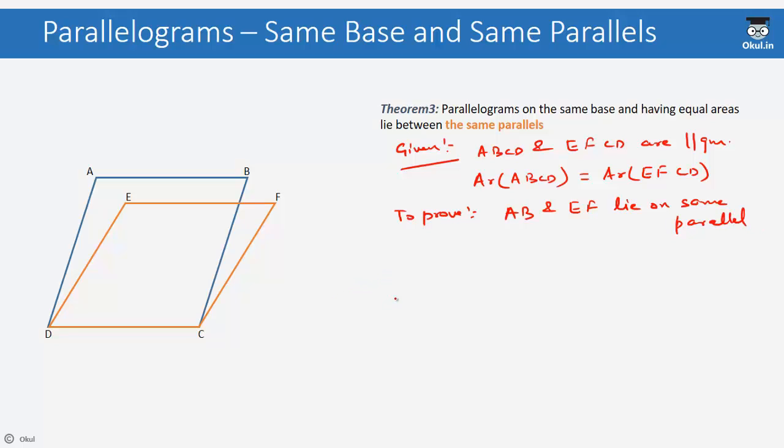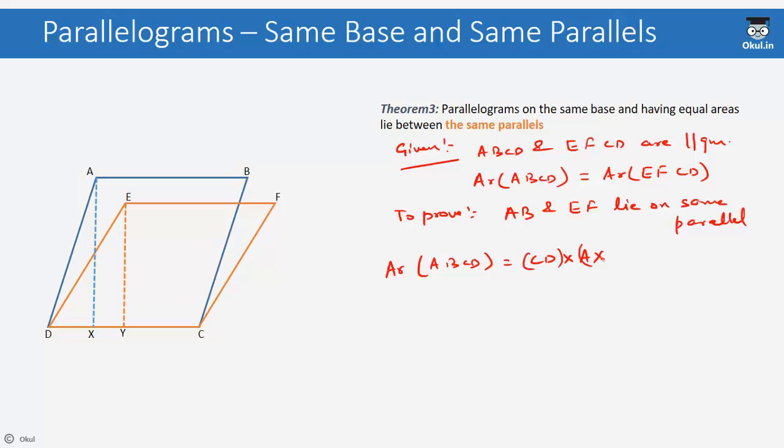For this, let us construct two perpendiculars from A and E to CD. So now, area of ABCD is equal to base CD and height AX.